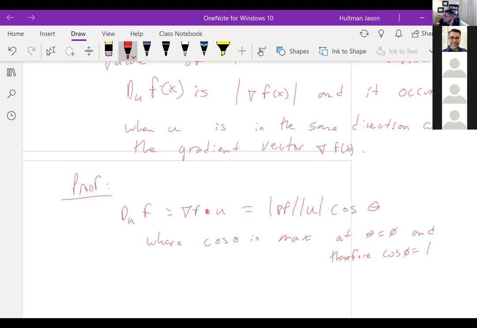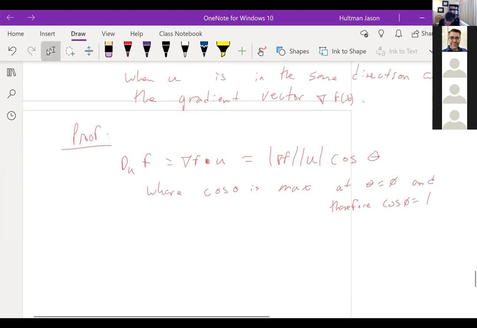Okay, so the max happens when the angle between them is 0. So the max of the directional derivative here is equal to the magnitude of del f times the magnitude of u.